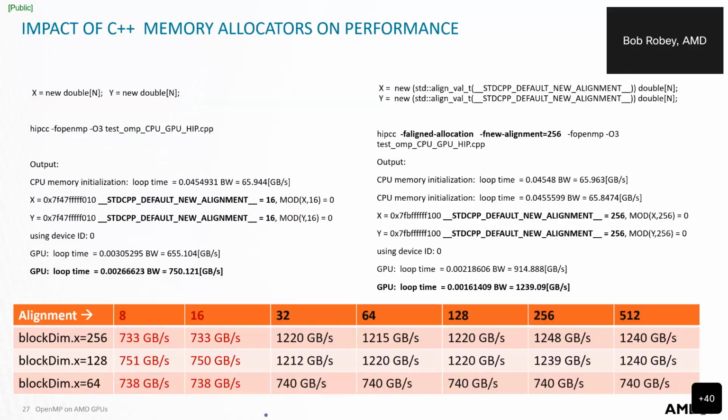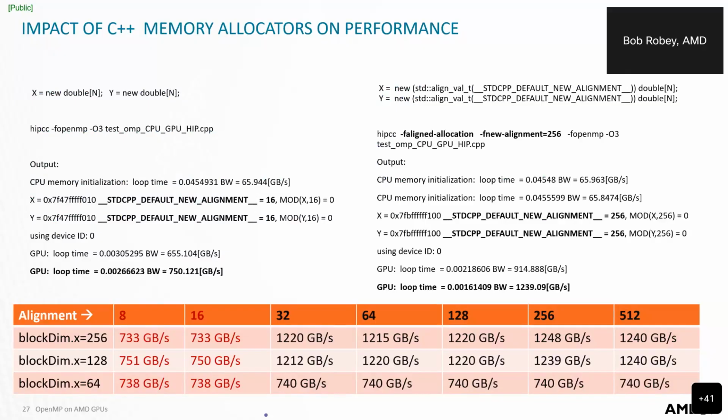So here's another example of the effect of alignment. Here we're going to specify the alignment. You can do that with your compile flag, or you can use a call to set the attributes of the memory.